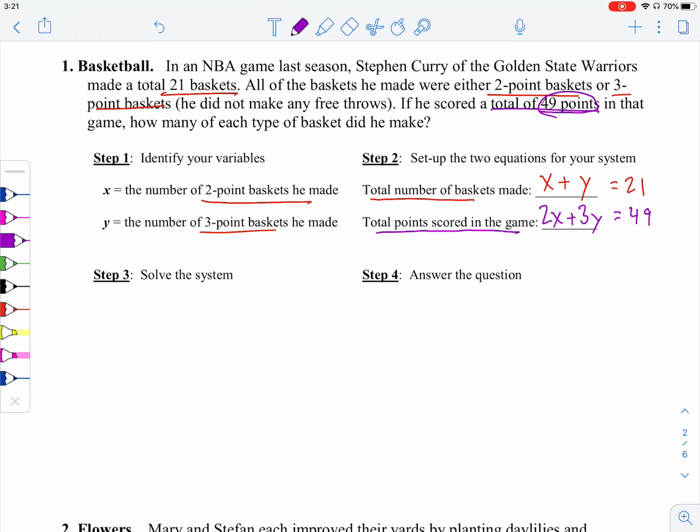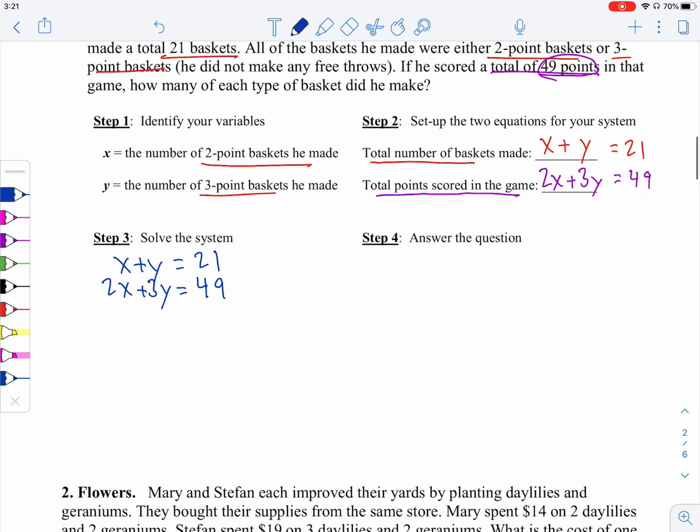You add those together, you get the total amount of points, which is 49. So we have our system here: x plus y, because total baskets, 2s and 3s, total 21. And then 2x plus 3y, the different types of baskets, give you total points of 49. So now we have a system that we can solve.